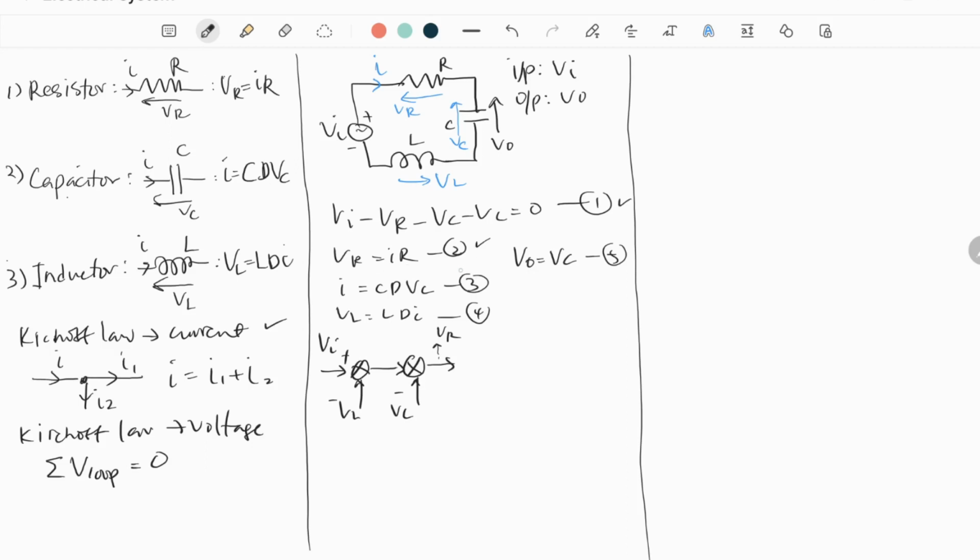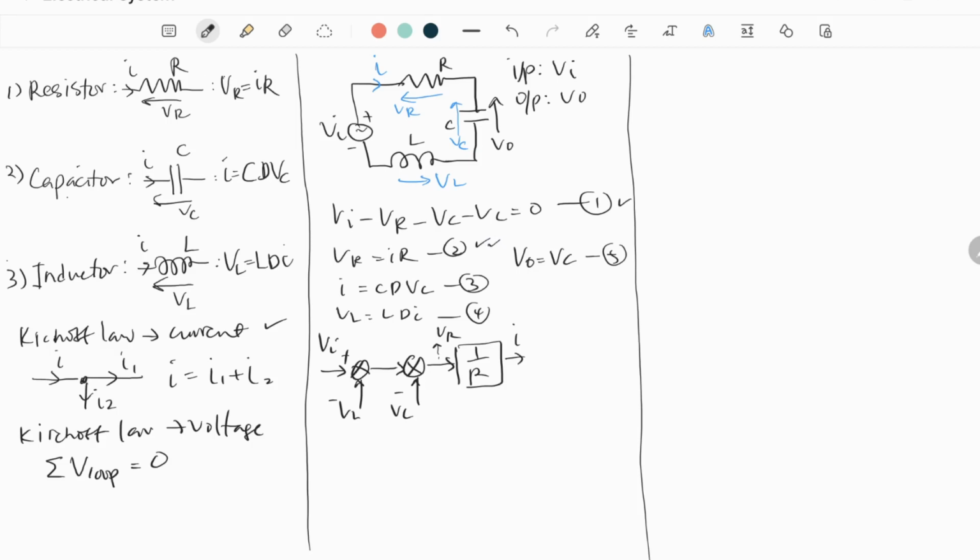Equation number 2 tells us you have to divide VR by R, meaning 1 over R, and the output is I. Because these are blocks in series, you just multiply. The signal coming in, VR, is multiplied with the block in series, so VR multiplied by 1 over R equals I. So we already used equation number 2.